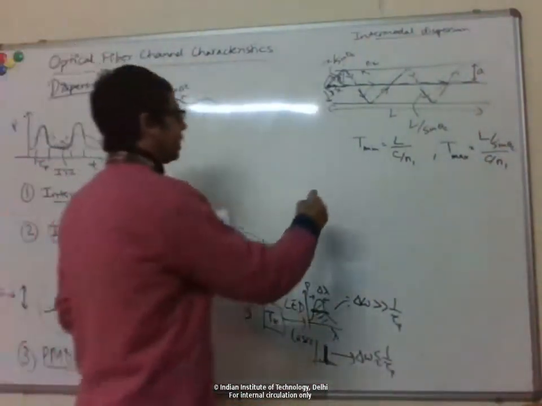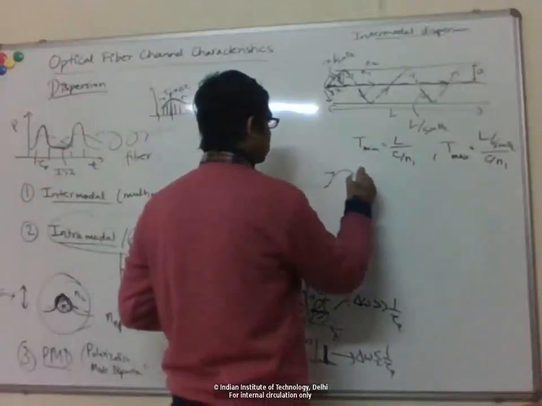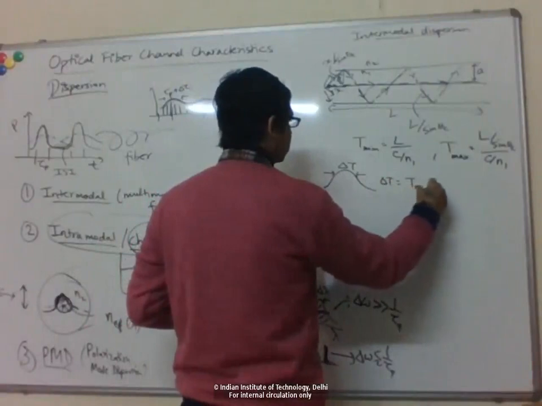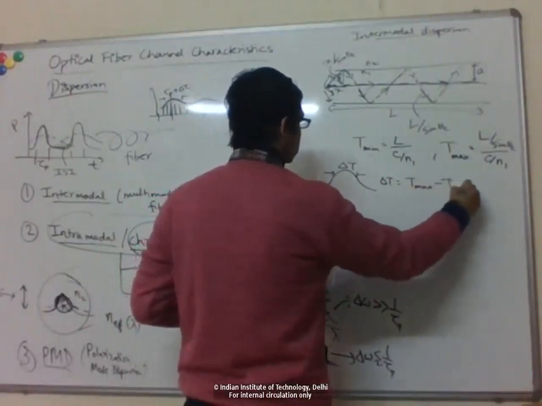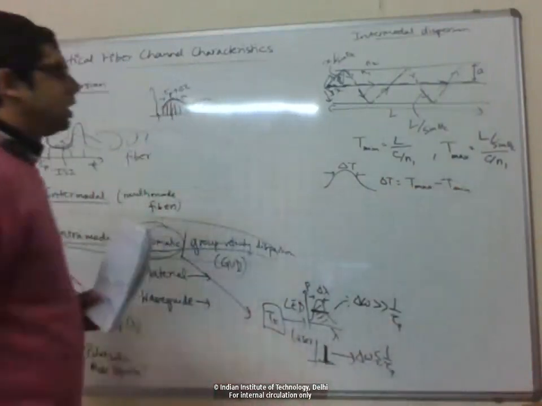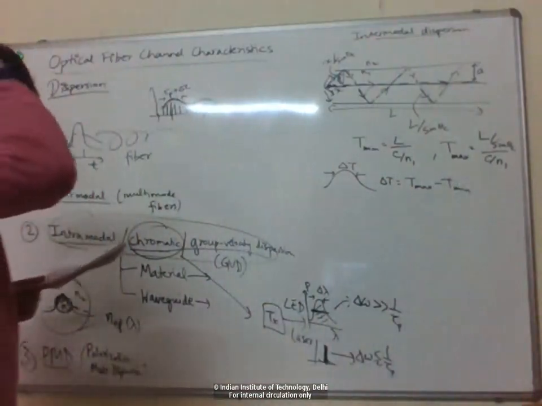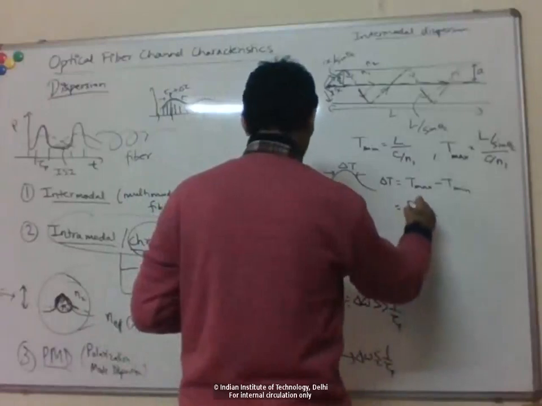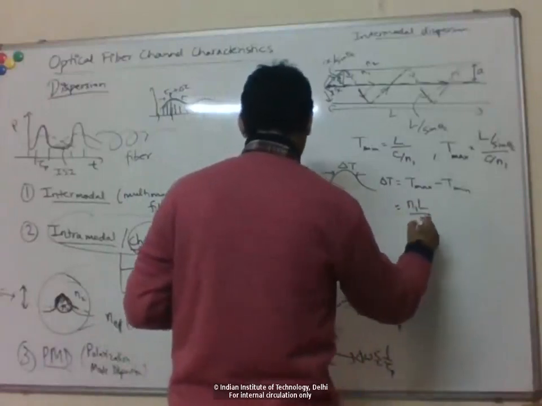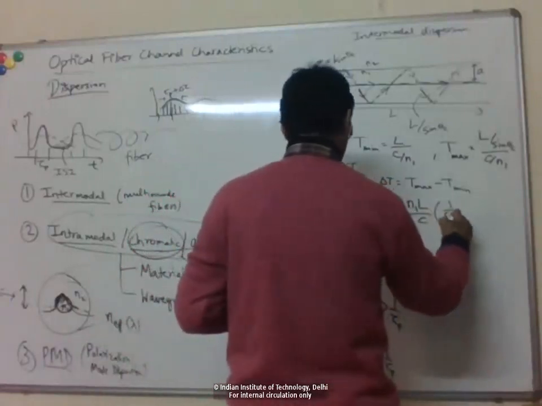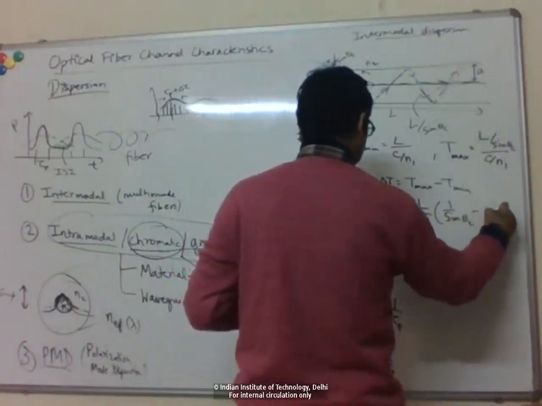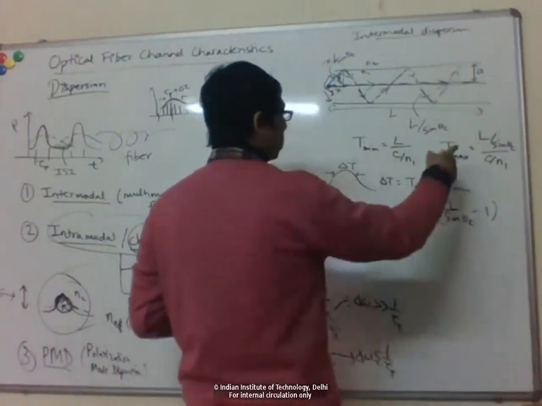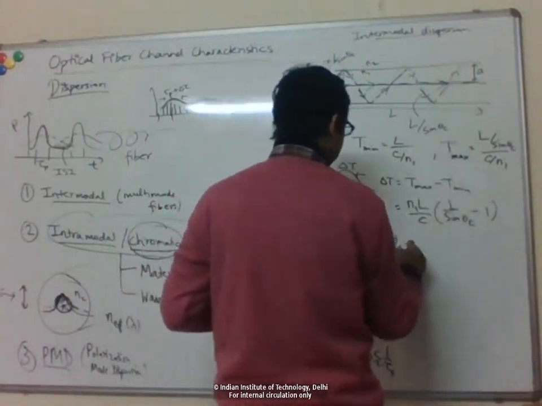And the spreading in the pulse, delta T, will be the difference in these arrival times. You know the critical angle is defined like this.